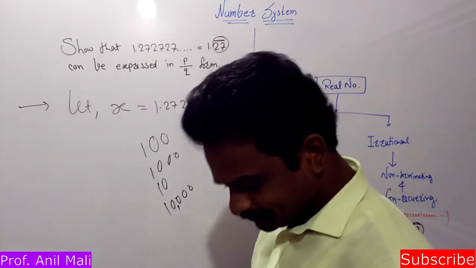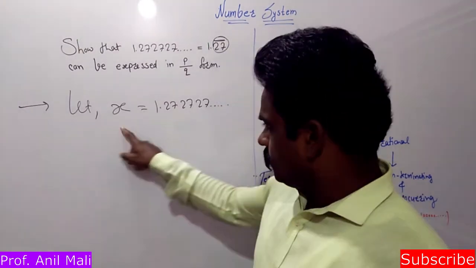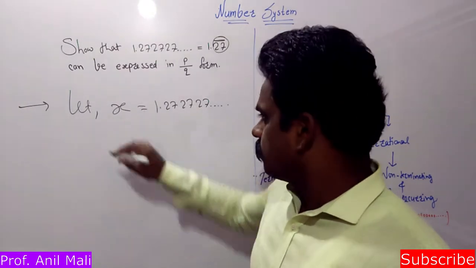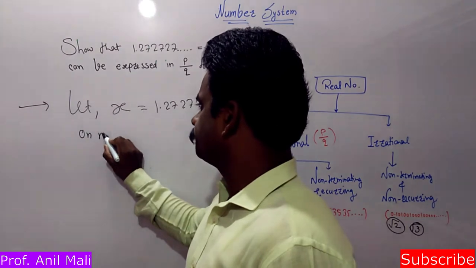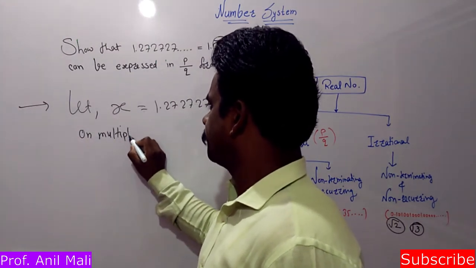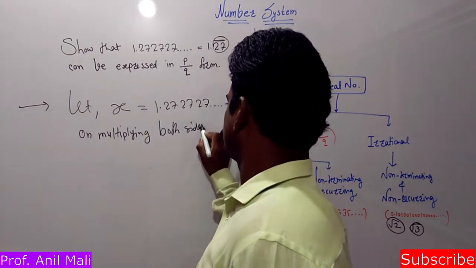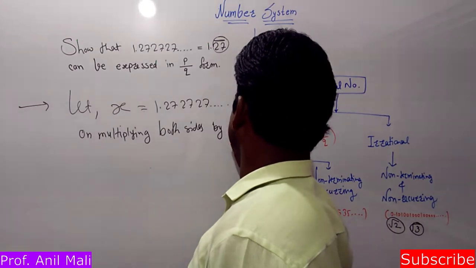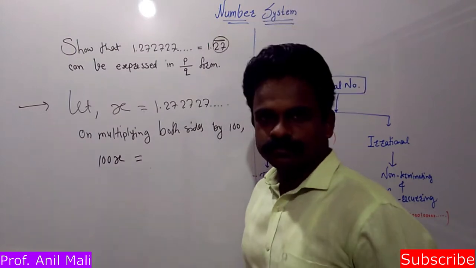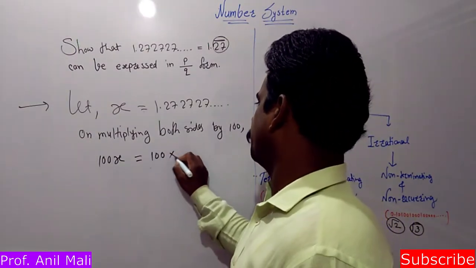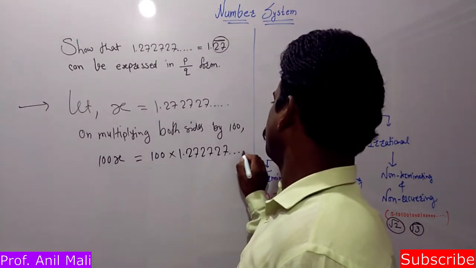No problem. Fine. Now see here. In the similar way we will do here. Multiply both sides by 100. So on multiplying both sides by 100, you get 100x is equal to 100 into 1.27, 27, 27 and so on.